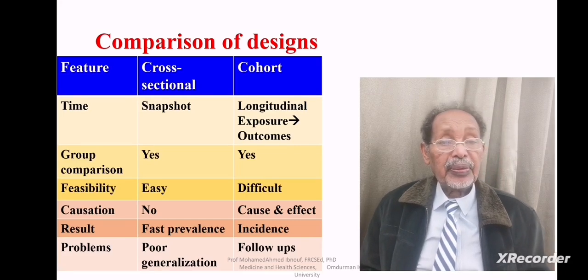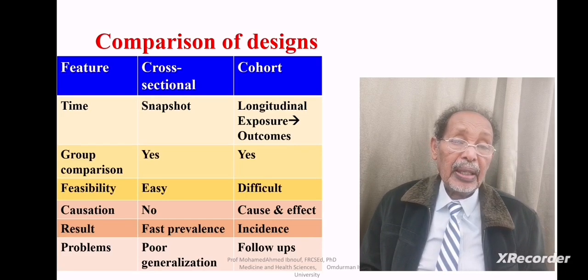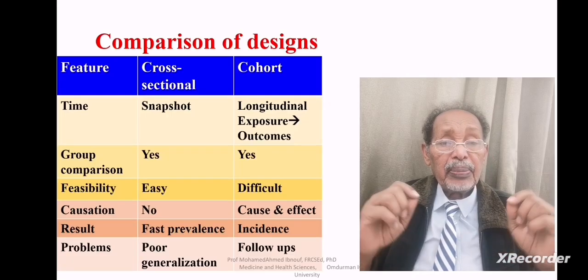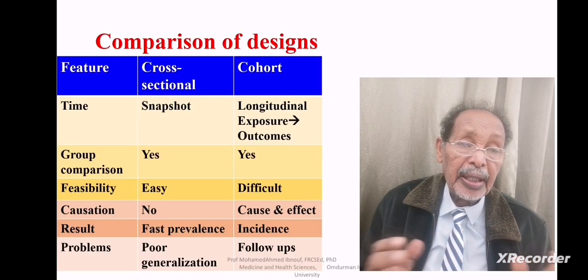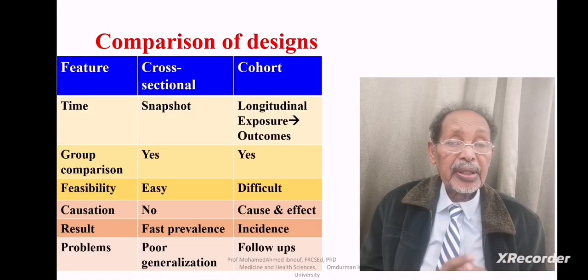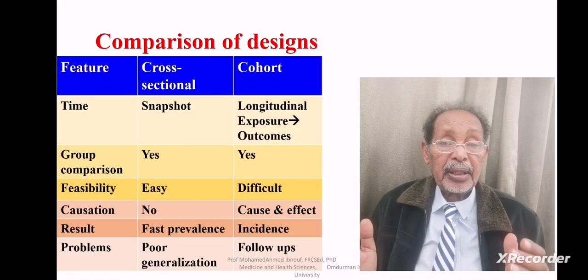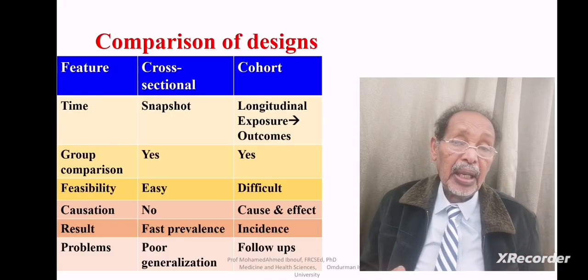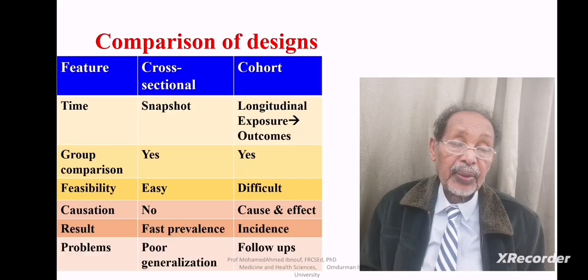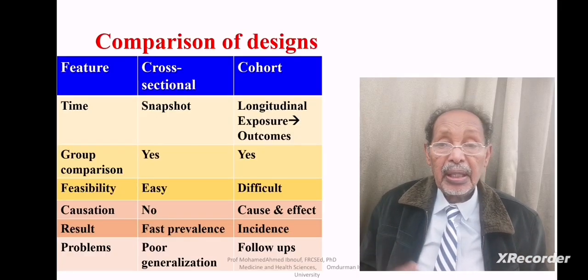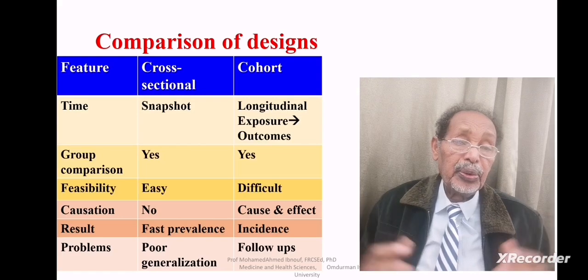The cohort is difficult because some patients will leave the area, will be displaced. Some attrition will occur in our data. And we have to try to find a way to follow up these patients. And ethically, some patients in the prospective studies might not want to continue in the research.